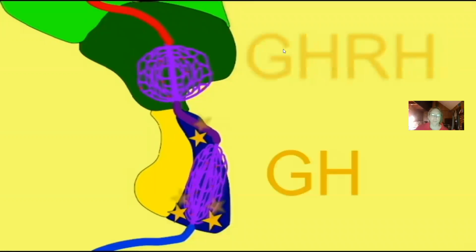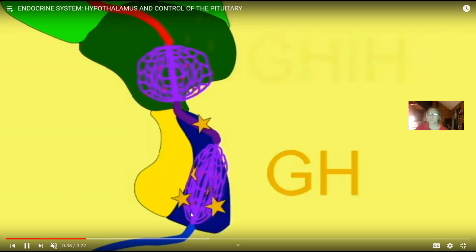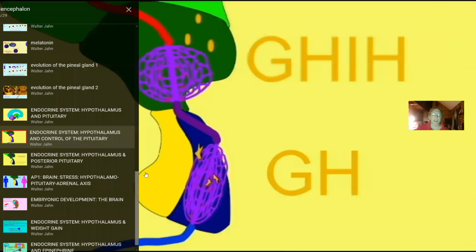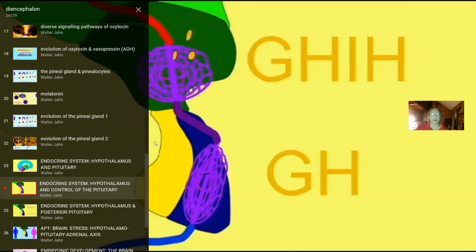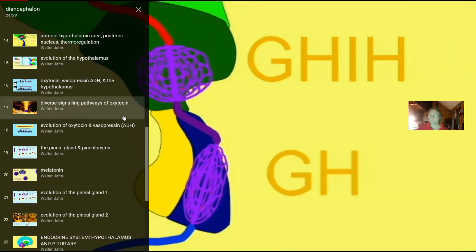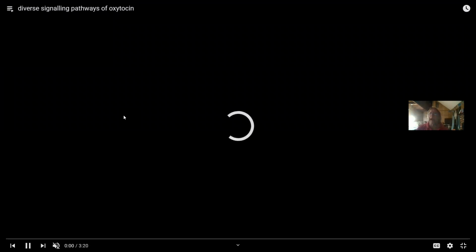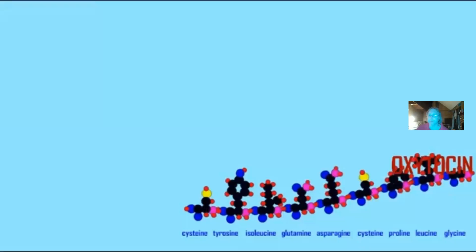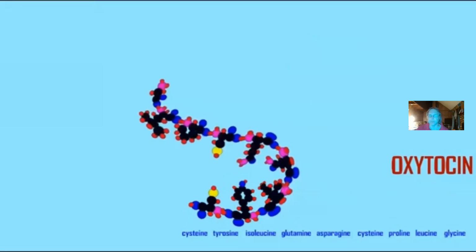So melatonin is a hormone. The hypothalamus controls the hormone release of the pituitary. And so actually the hypothalamus is a major part of the endocrine system. And the hypothalamus makes hormones on its own. It doesn't have to just influence the pituitary release of hormones.